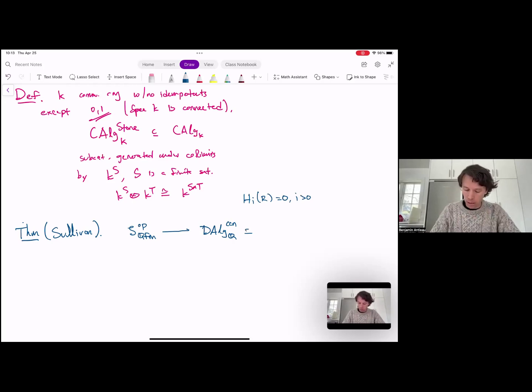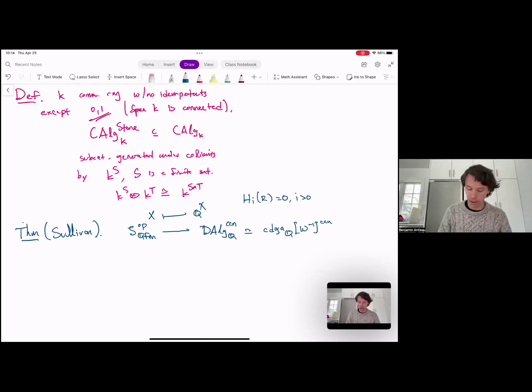You can model this by taking CDGAs over Q and inverting the weak equivalences, and then looking at the coconnective ones. So that's one concrete model for this. And I have the cochain functor, which takes a Q-finite space X to Q^X, the thing which computes the rational cohomology of X.